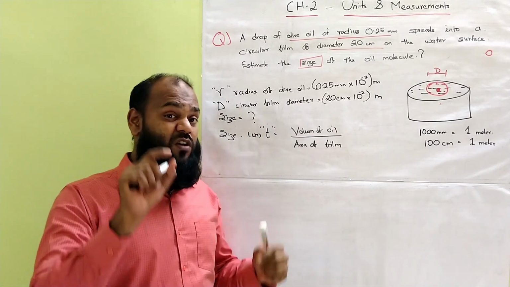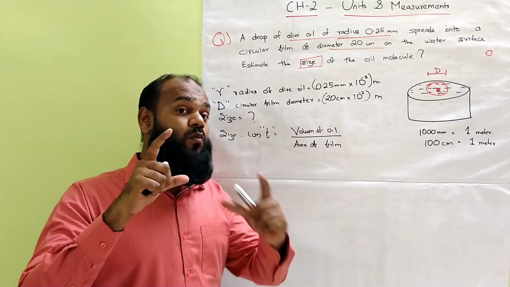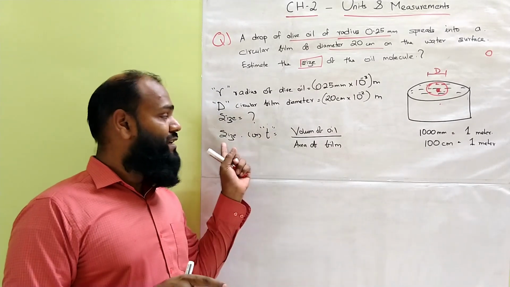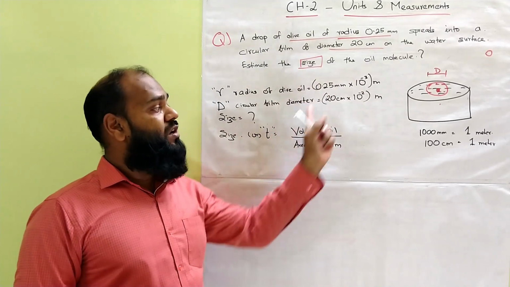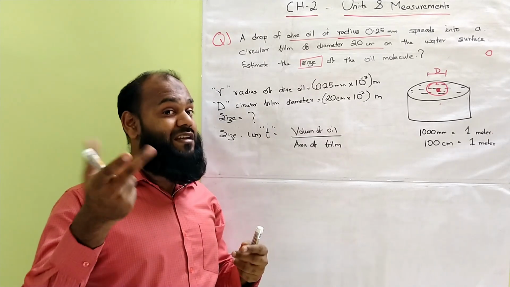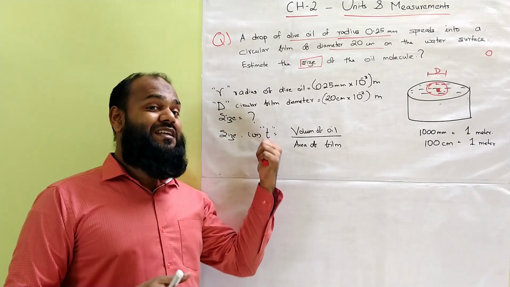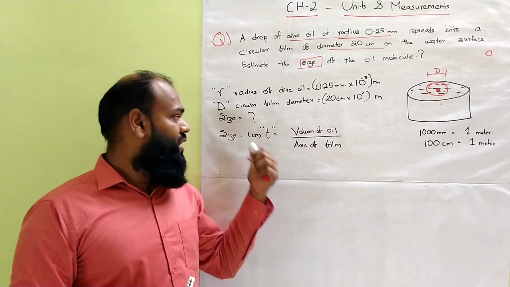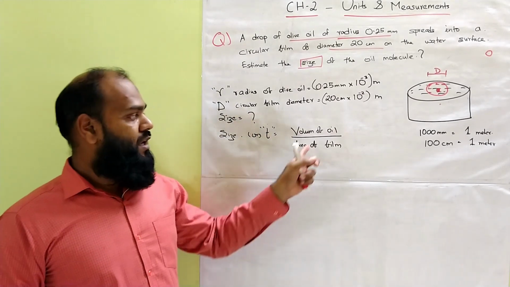If the thickness is of 1 molecular layer, that means if it is a monomolecular layer, then the thickness can also be called the size. In this question, it is not mentioned whether it is monomolecular thick or many layers thick. Since it is not mentioned, we will assume that this thickness is one monomolecular layer. Therefore, this can also be called the size of the acid. Now let's solve this problem.